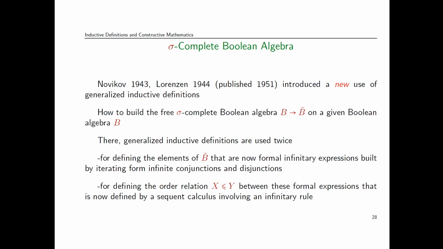But another use, which is different, is in the work of Novikov and Lorenzen. And this was independent, actually. And this was a new use of generalized inductive definition. For Lorenzen, this was a purely algebraic problem: how to build the free sigma complete Boolean algebra on a given Boolean algebra. And for doing this, generalized inductive definitions are used twice.